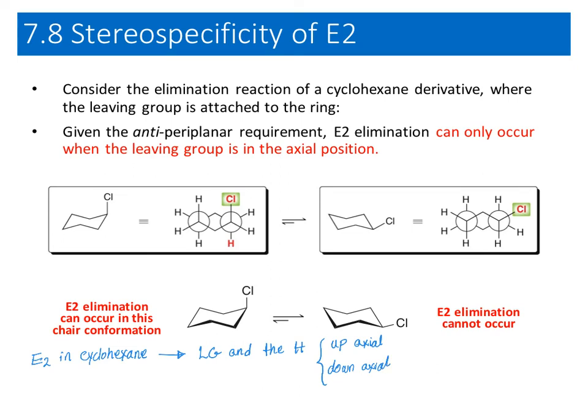And to have such a thing happen, they must have opposite stereochemistry or wedge and dash bonds. So now let's look at a few examples to understand this better.